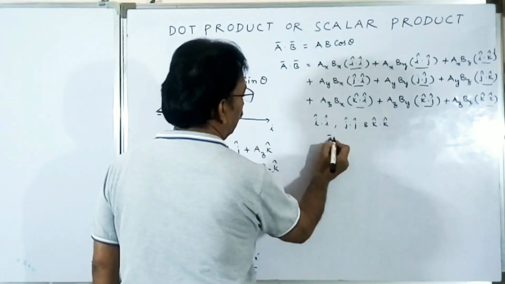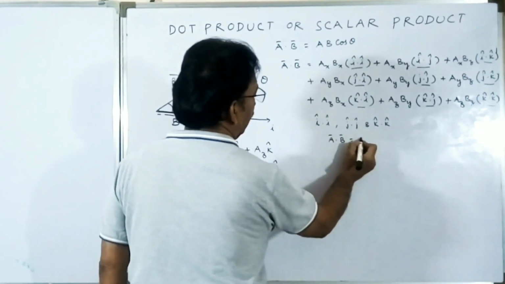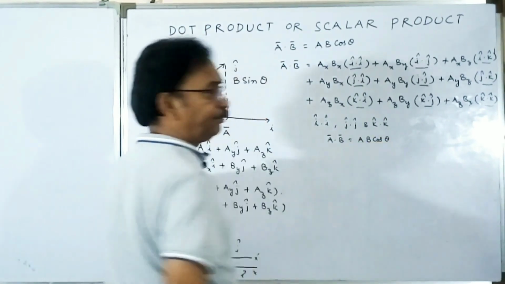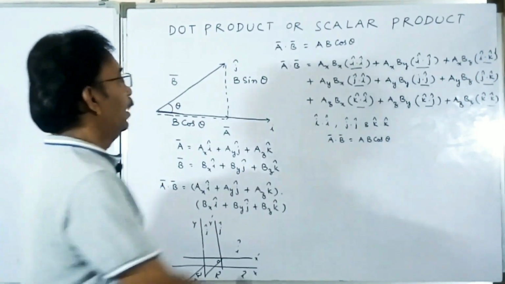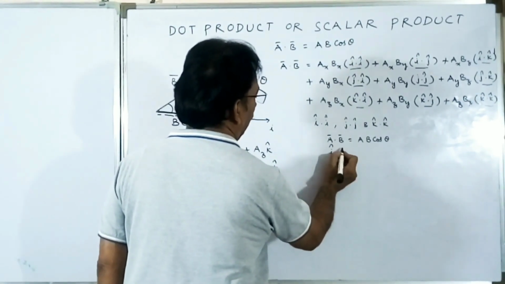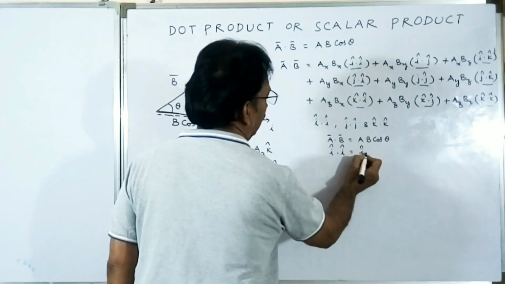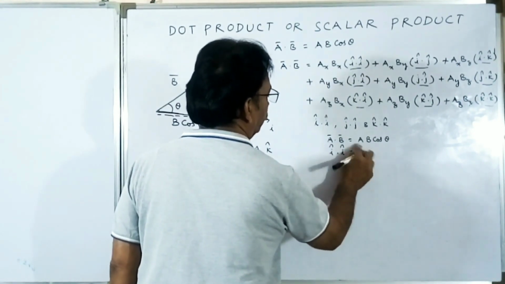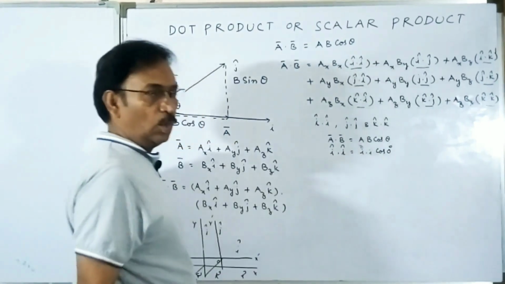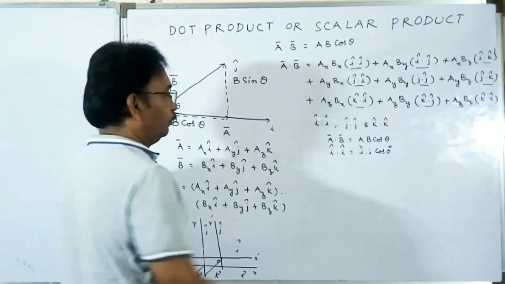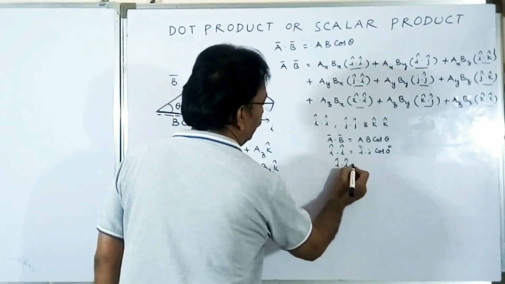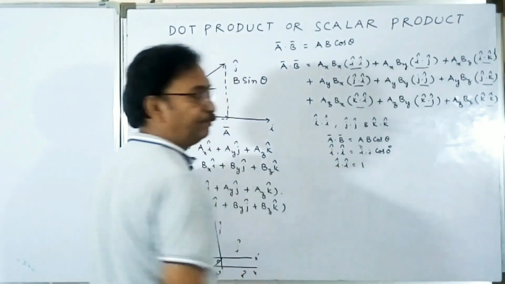We know that A bar dot B bar is equal to AB cos theta. For the vector i cap dot i cap is equal to 1 into 1 into cos theta, where theta is equal to 0. As you know, cos 0 is equal to 1, so i cap dot i cap is equal to 1.